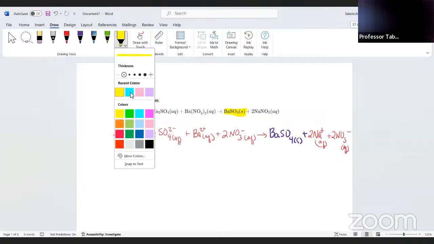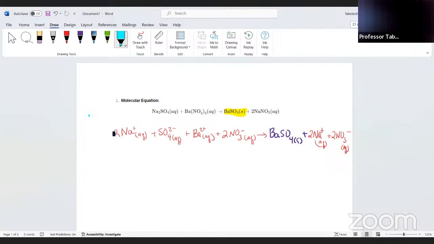Now, what we're going to do, we're going to slash out those ions that are the same on both sides. So we're going to get rid of, as you guys can see here, I'm zooming out a little bit so y'all can see the whole screen, 2 sodiums on the left, 2 sodiums on the right. I'm going to also get rid of 2 nitrates on the left and 2 nitrates on the right. Now, you're probably wondering, why didn't you slash out sulfate or barium ions?